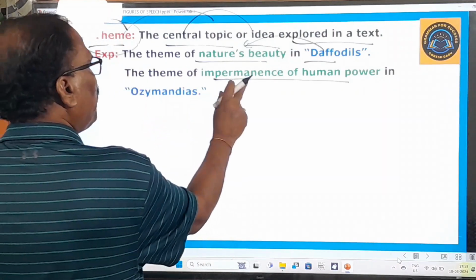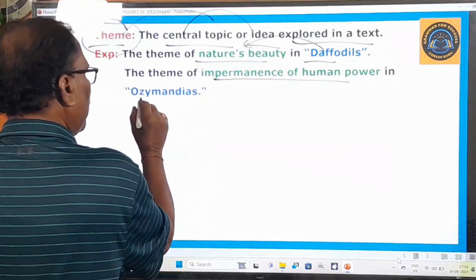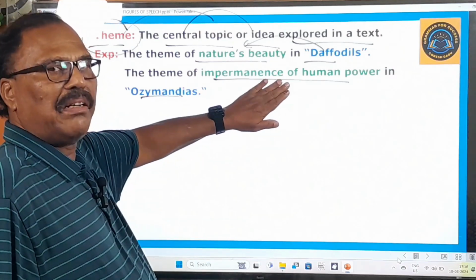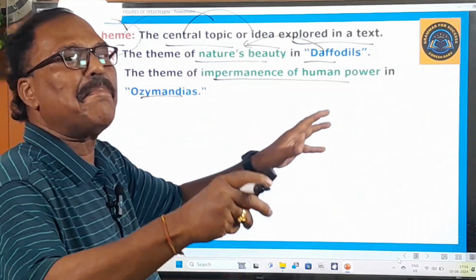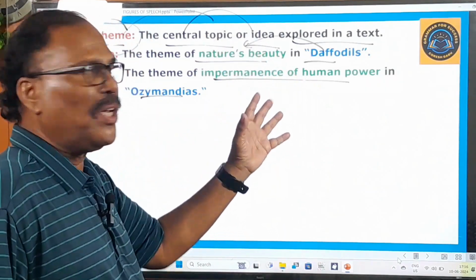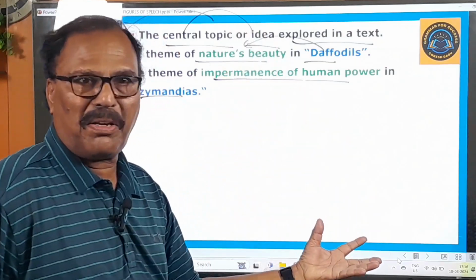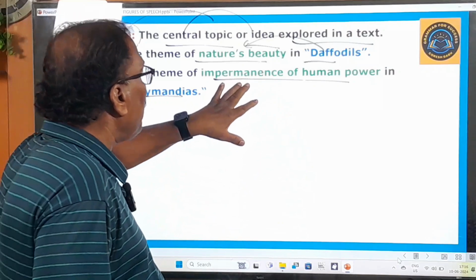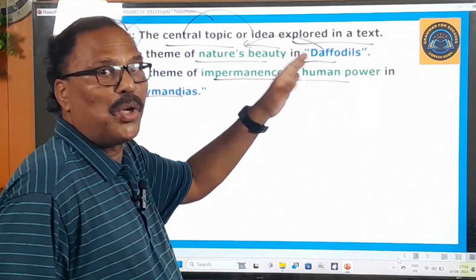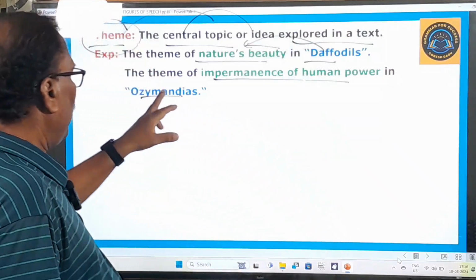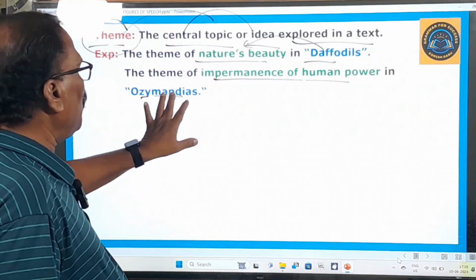The theme of impermanence of human power in Ozymandias. In Ozymandias, this theme is explained very clearly. Everything is impermanent. Human glory is impermanent. Human political power is impermanent. Human achievements are impermanent. So the impermanence of human power, human glory, human achievements, human life, that is the theme of Ozymandias.